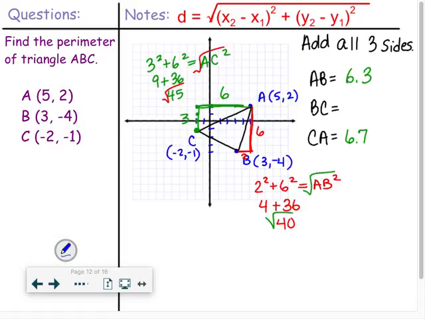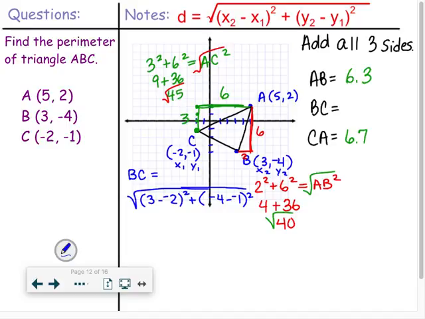For this last one, I'll do the distance formula just in case you prefer the distance formula. So for BC, I'm going to do this big square root. I'm going to label these x1, y1, x2, y2. So square root of 3 minus negative 2 squared plus negative 4 minus negative 1 squared.